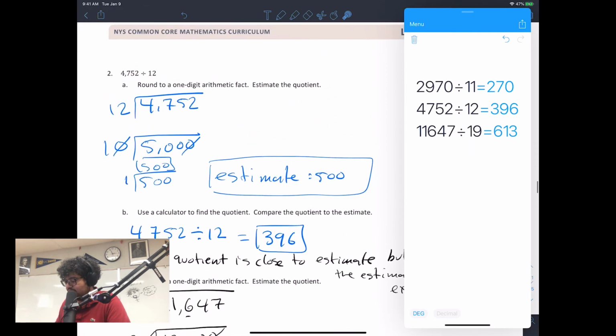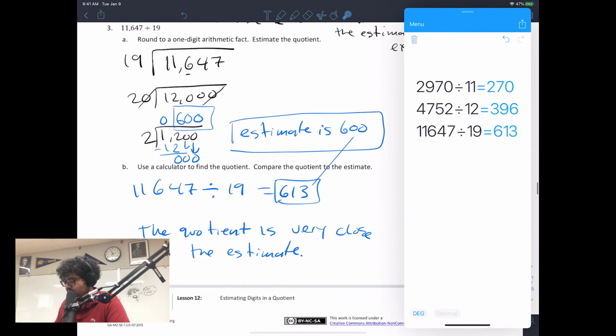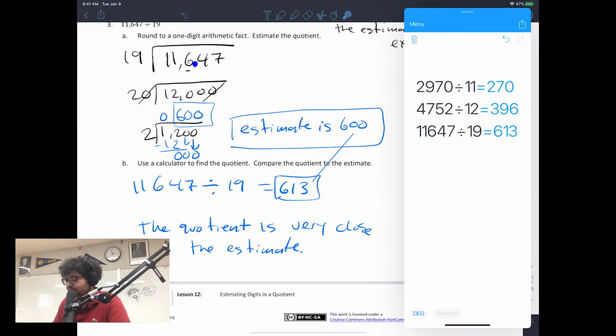Notice that in this one, 5,000 is about 250 units away from 4,752, and then the 10 is 2 units away from the 12. So the estimations here are a little further apart, and that's why your estimate and your actual quotient are a little bit farther apart. It's close, but not that close, right? Whereas if your estimation is much closer, then the quotient will be much, much closer to the actual answer. So the closer your estimations are to the actual number, the more accurate your answer will be.